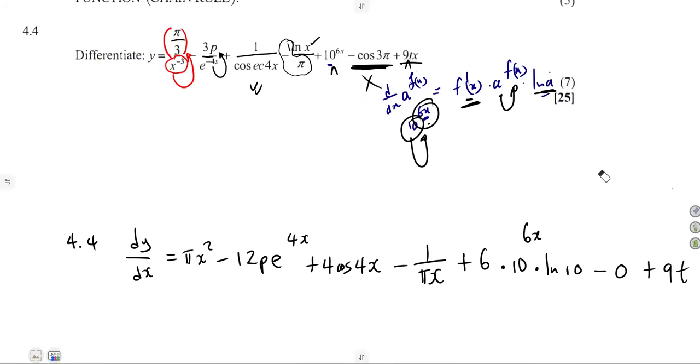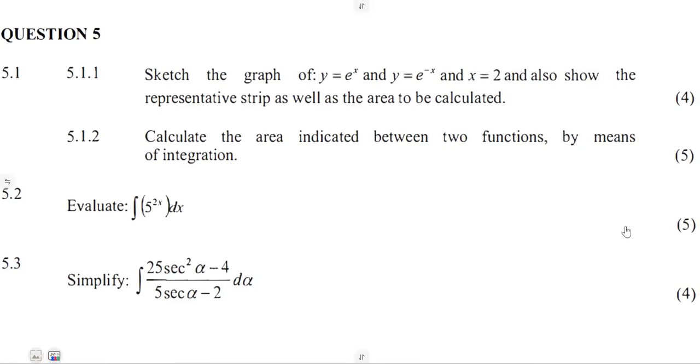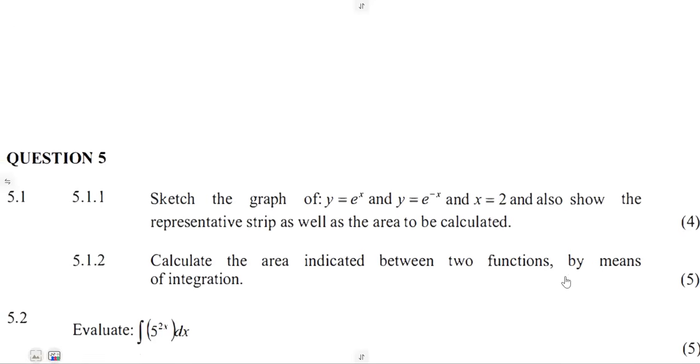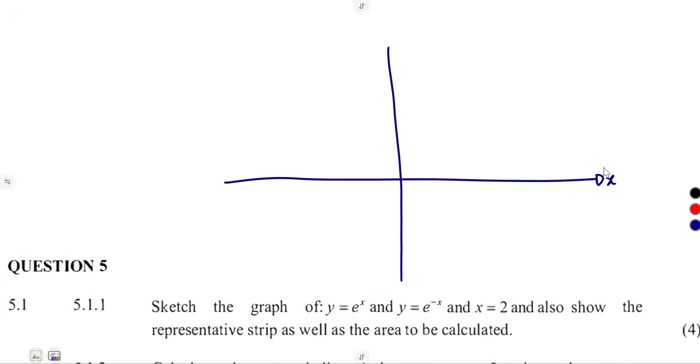Okay, the last part of our question, which is question number 5, we are given that sketch the graph of e to the exponent of x, e to the exponent of minus x. These are exponential graphs, guys. That is the basics of our exponential graph. So here I'm not gonna talk much to say the graph of e is like this.